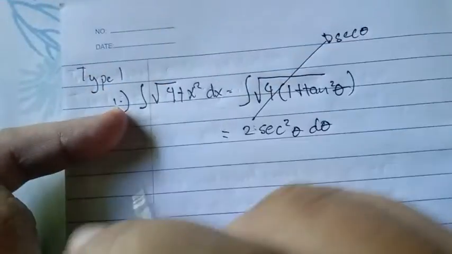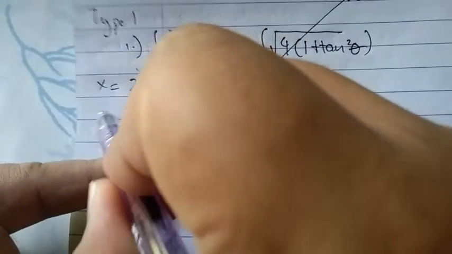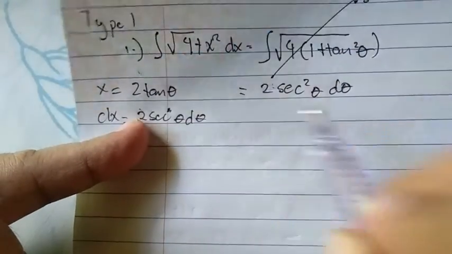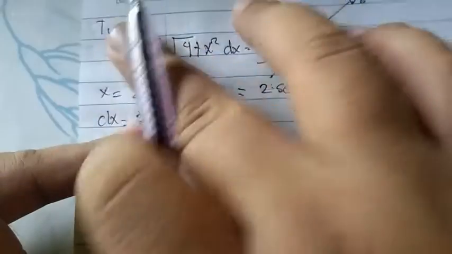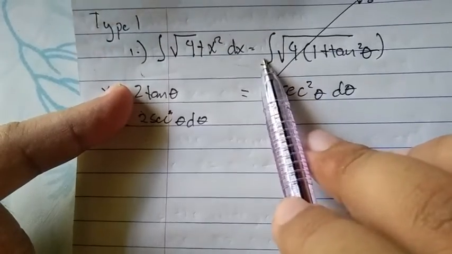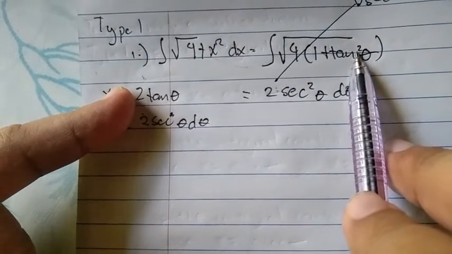Sorry, it's too windy here right now. Then we're going to let x be 2 tan theta. Then we're going to derive it. This will be dx equals 2 sec squared theta d theta, and this will be our tan. Then this 4 right here, we're going to take it out.